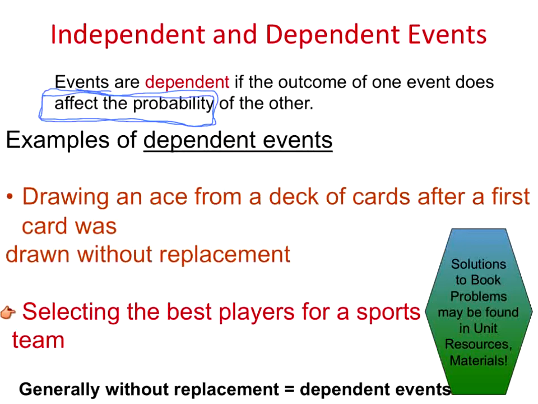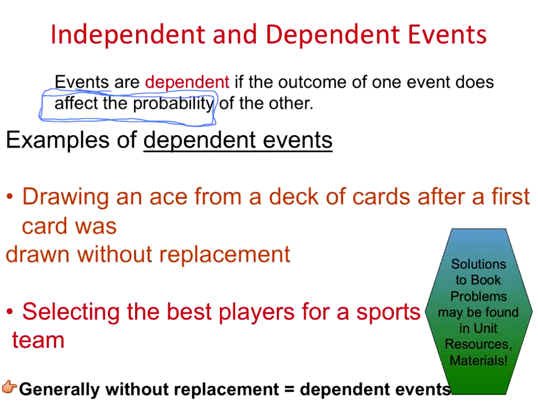And then they also put in selecting the best players for a sports team. That's dependent on, like say, the Yankees steal somebody in the draft. That's going to affect who the Dodgers make as their first choice, right? When you're allowed to pick and choose players, who gets picked first matters. They matter. They're dependent on each other.